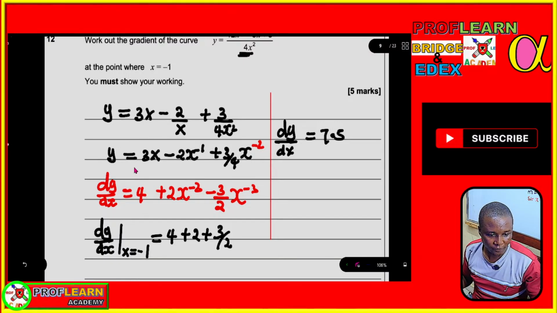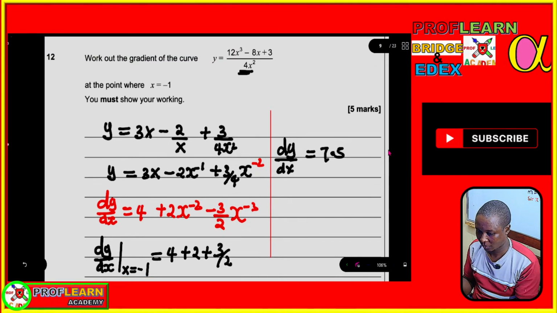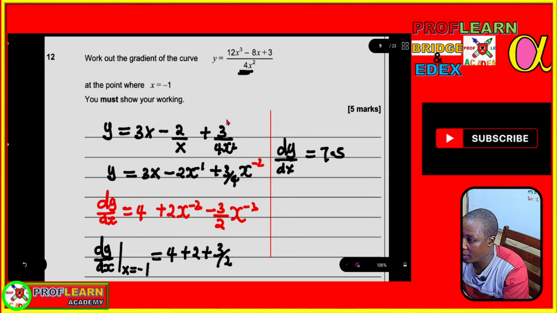If you work it out, plus 2 plus 3 over 2, 7.5. We need to counter check the values because we can't afford to make a mistake here.